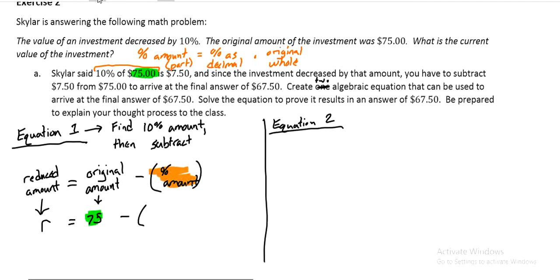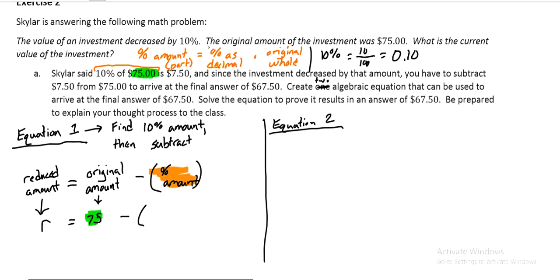What we're going to have to do is take 10%. So remember, 10% equals 10 over 100, and once you do that division, you get 0.1. You can put 0.10 or you can put 0.1.